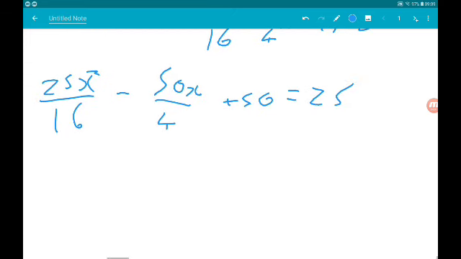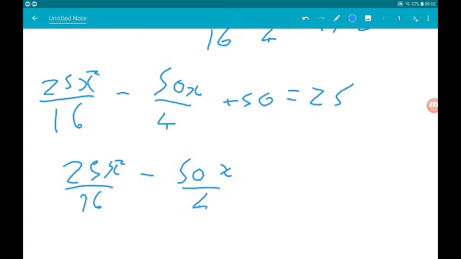As with any quadratic, we need everything on the same side, so let's bring that 25 over by subtracting it: 25x²/16 - 50x/4 + 25 = 0.